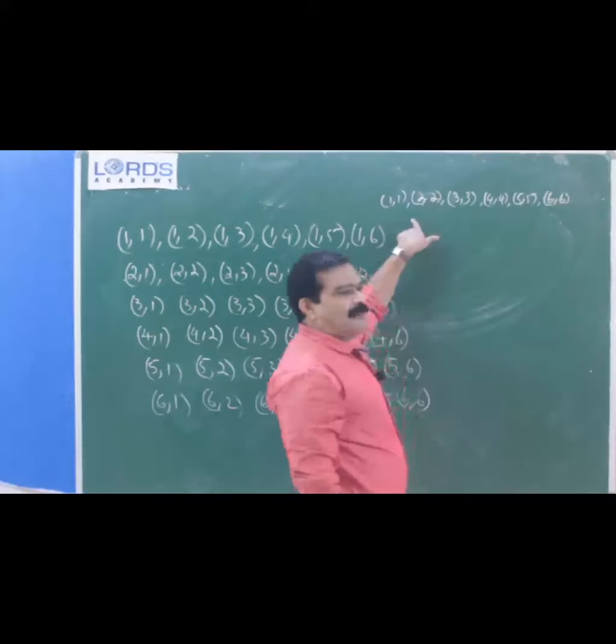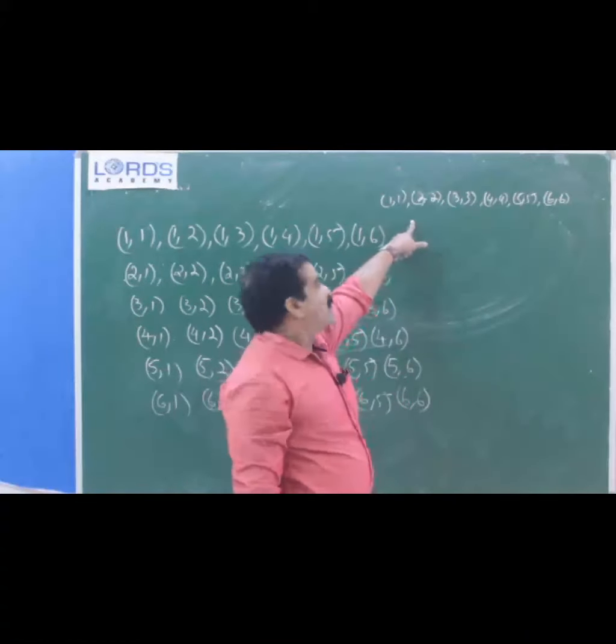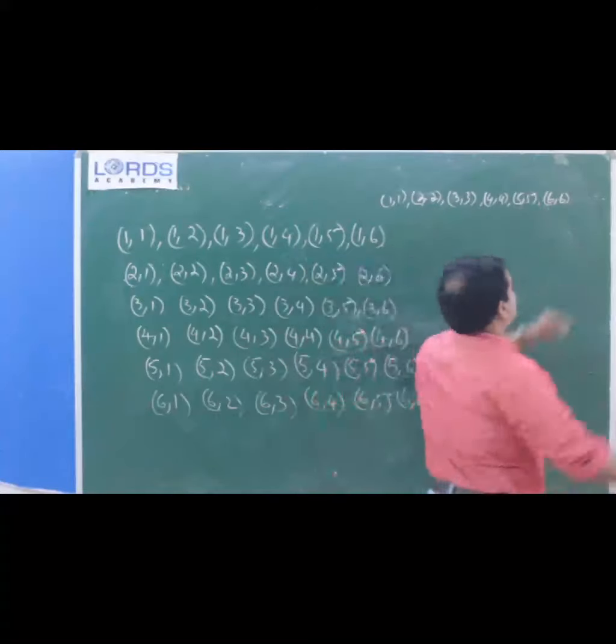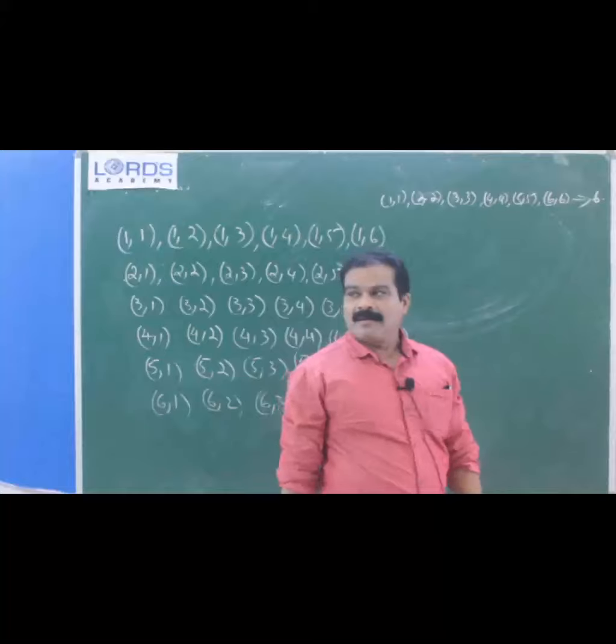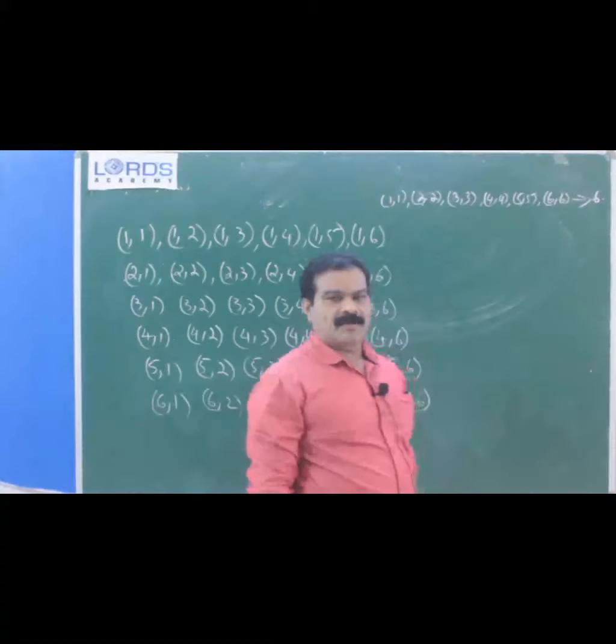This is the number of favorable cases. You will get 6 favorable cases.